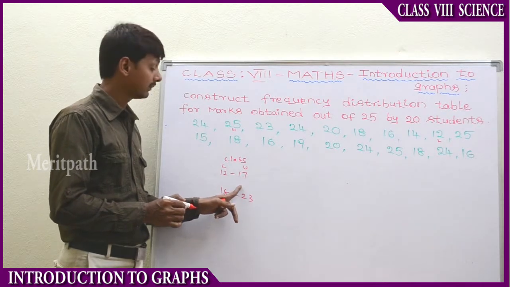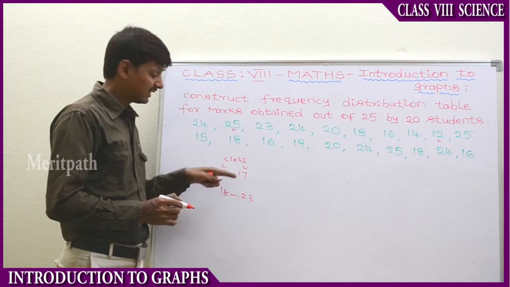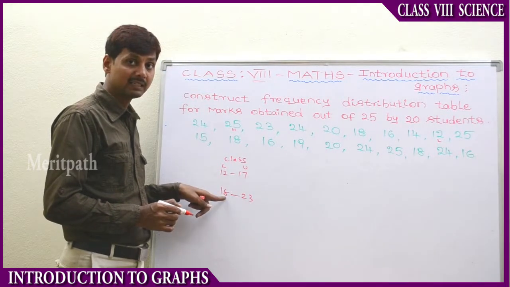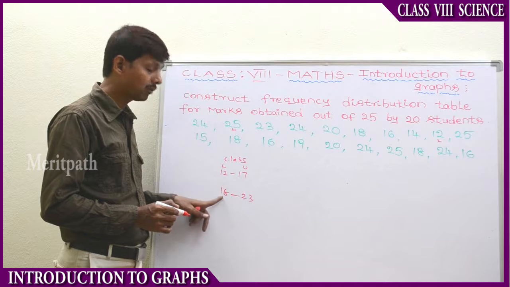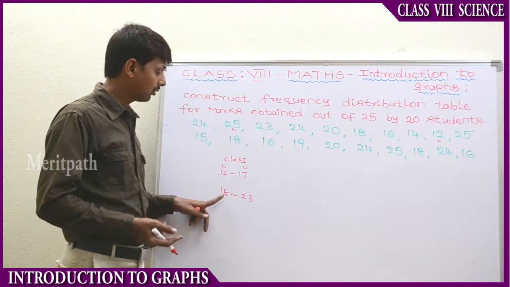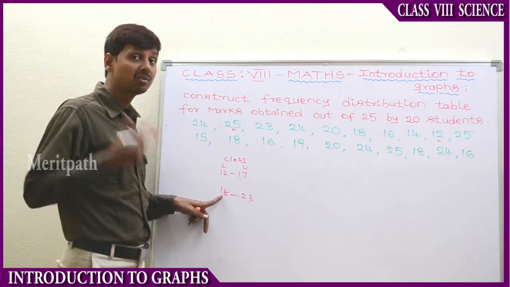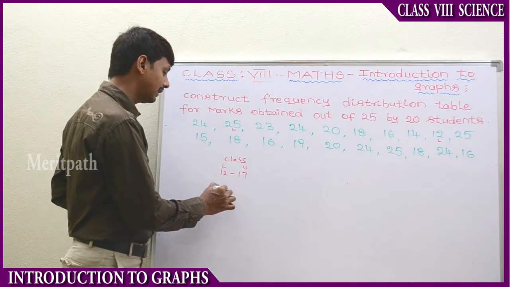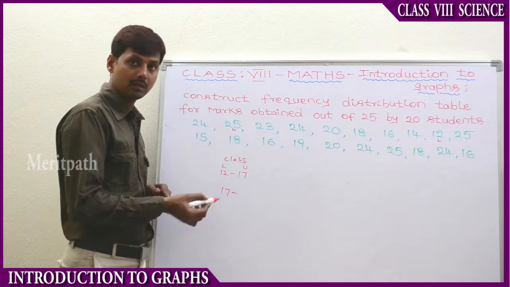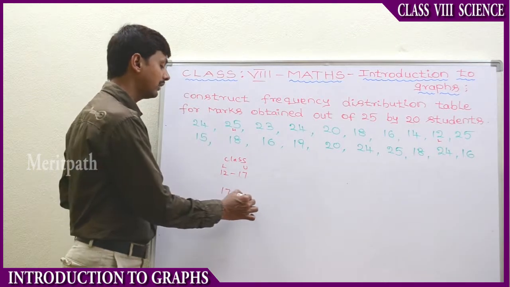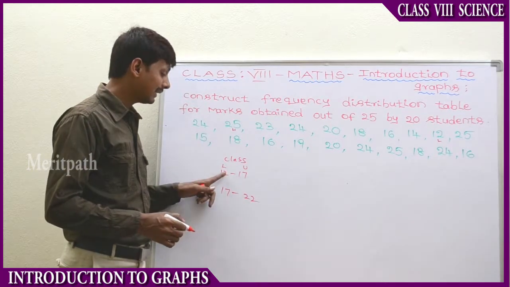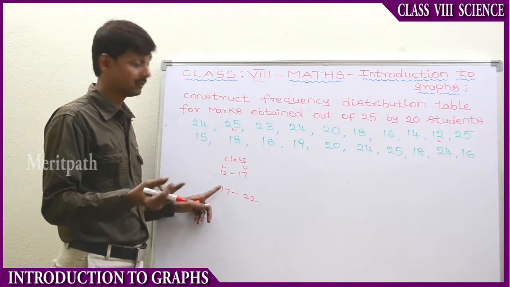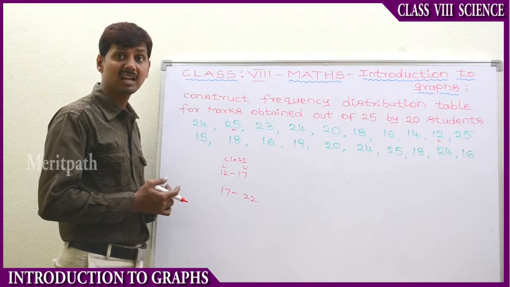Here 17 is not repeating, and after 17 we get the next number 18, the lower boundary of the next group. So this is called inclusive classes. For example, we take 12 to 17, then add 5 to get 22, and 17 is repeating. These are called exclusive classes. So, inclusive classes and exclusive classes.